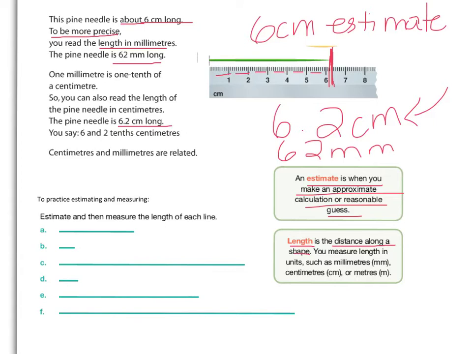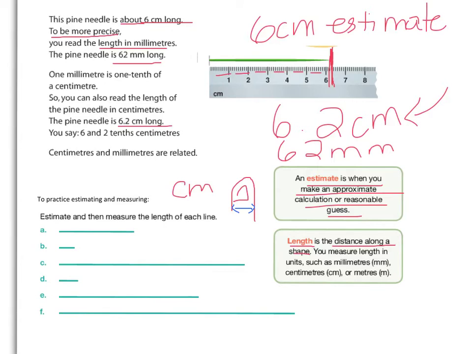Now, you're going to try to practice estimating and measuring. So for estimating, I would like you to estimate in centimeters using the width of your pinky finger. Remember, this is my pinky finger, that's my little nail there. This is the width of my pinky finger, so it should stay flat.